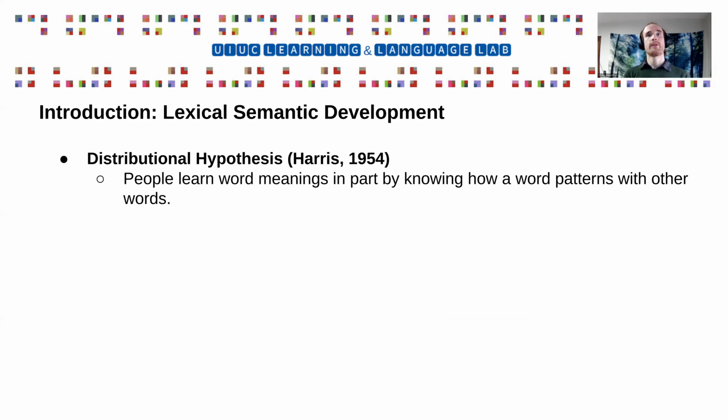All of this is actually very related to the distributional hypothesis, right? Well known in psychology. And the distributional hypothesis claims that people learn word meanings in part by knowing how words pattern with other words in the speech they hear. And this is a wonderfully productive, successful theory in psychology.